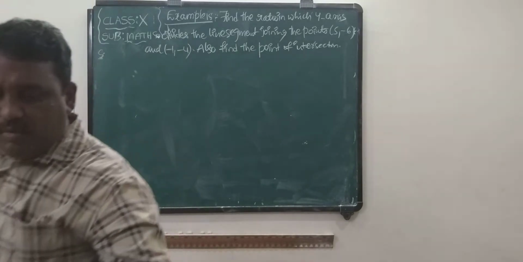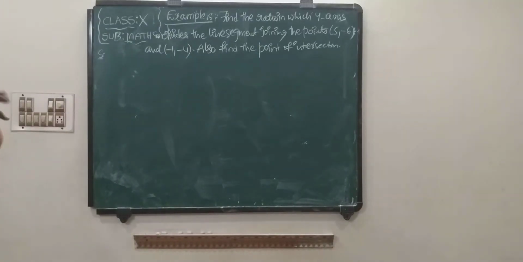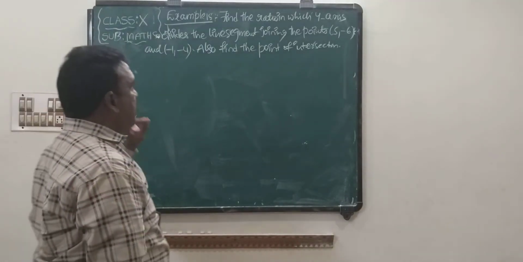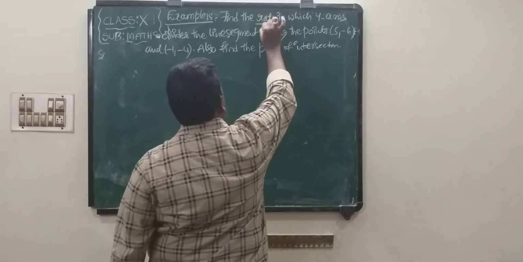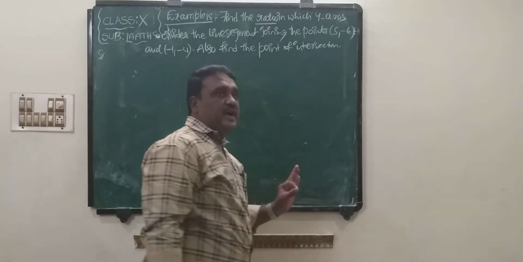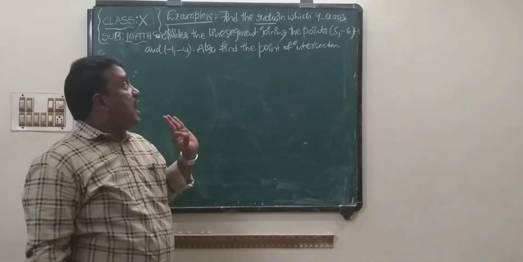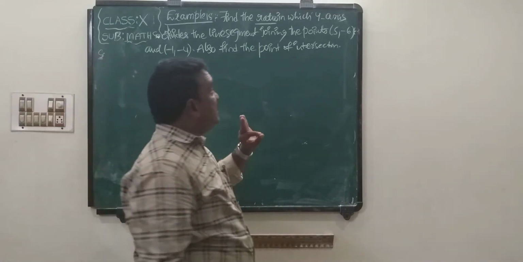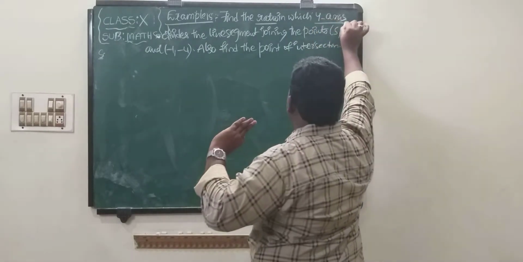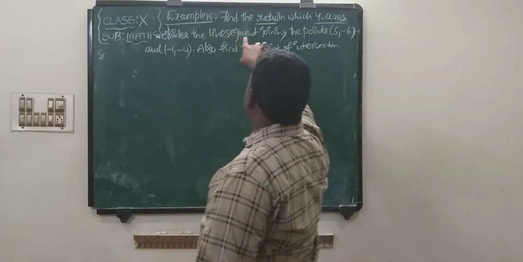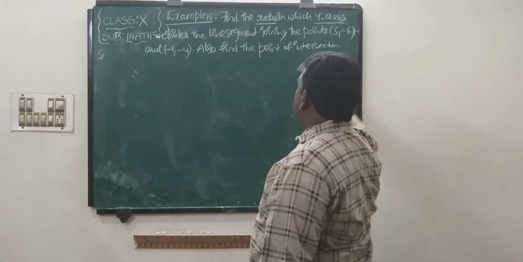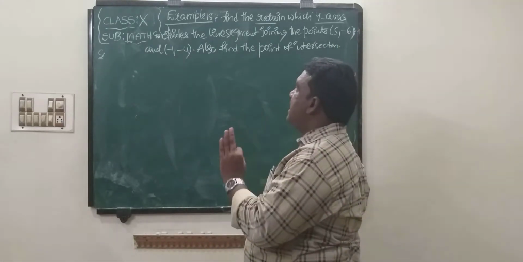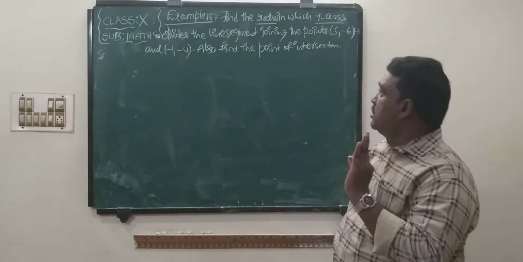Okay? So what is the problem? See again, read the problem. Meaning of the problem plays an important role. Find the ratio means we need to find out the ratio in which the y-axis divides the line segment joining the points 5 comma minus 6 and minus 1 comma minus 4.